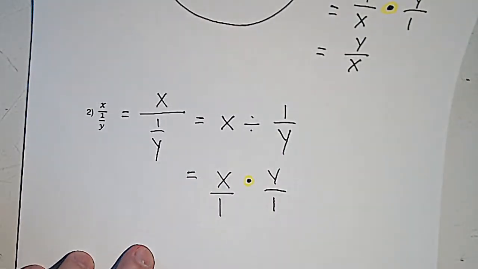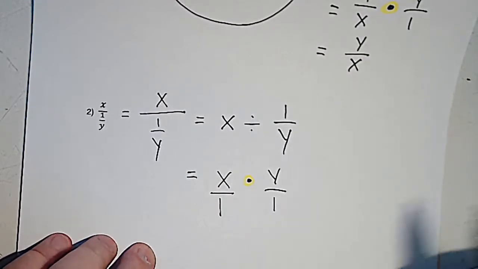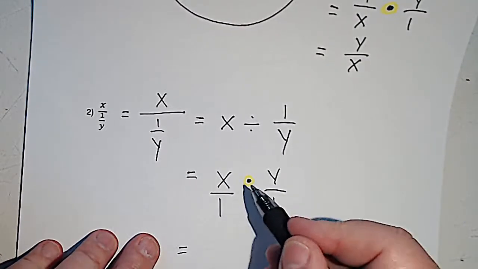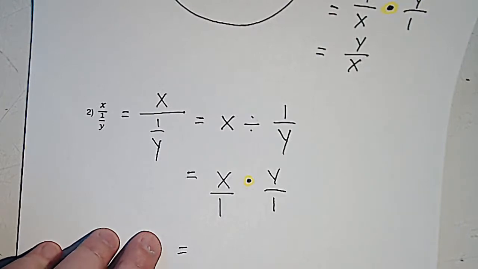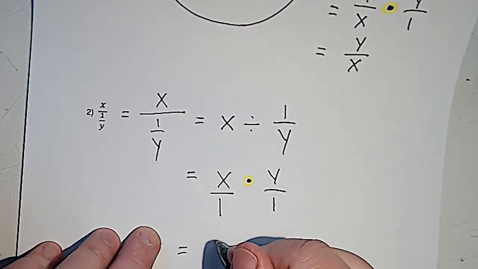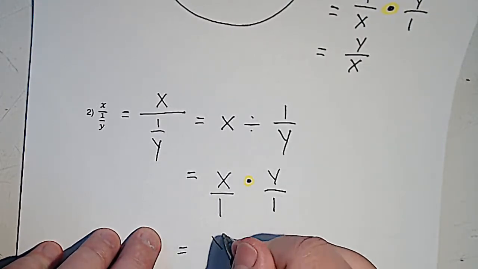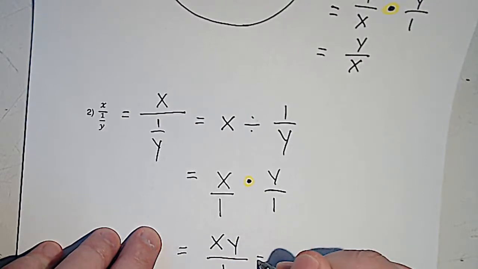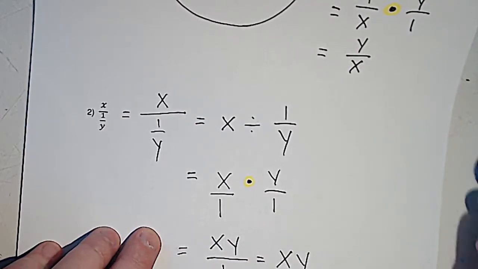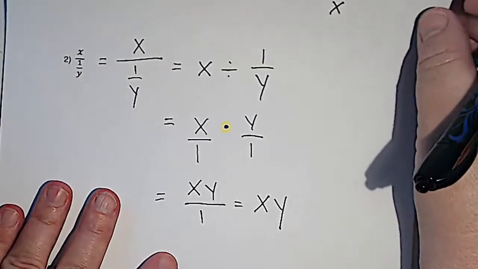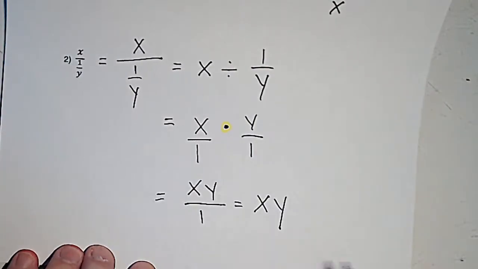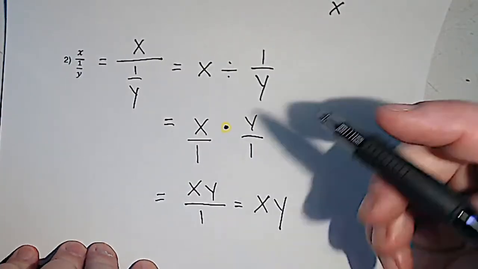So anything that's written as a whole number or as a non-fraction can be written as a fraction by putting it over 1. I've got x over 1 times y over 1. And so I end up with x times y over 1, which is just x times y. And it's up to you how much of that you write. I know I'm writing a lot of extra steps.